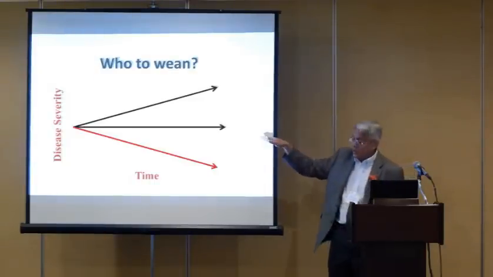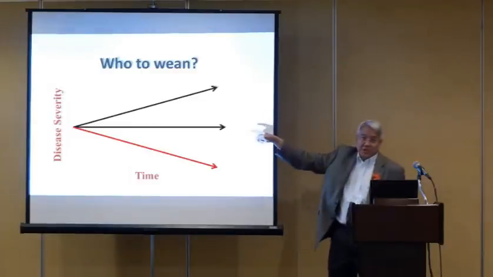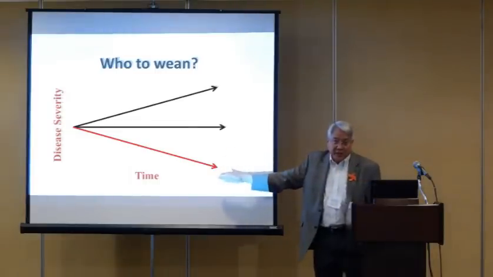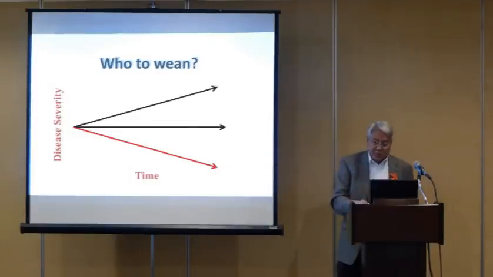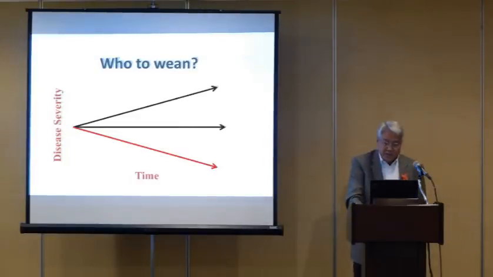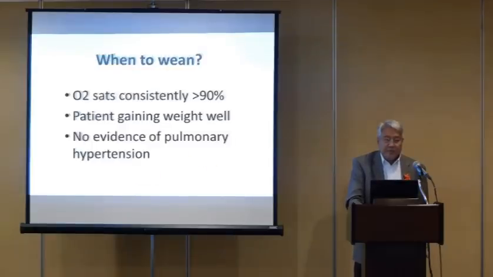It's not a straight line, but you can get worse, stay the same, or get better. The patients that get better are the candidates for weaning, but I would submit that the patients following these 2 lines are not the ones that you want to try to wean.